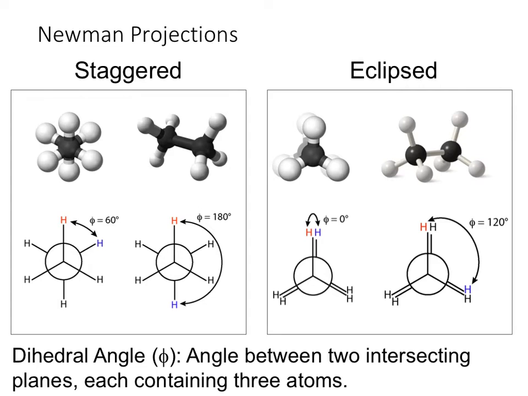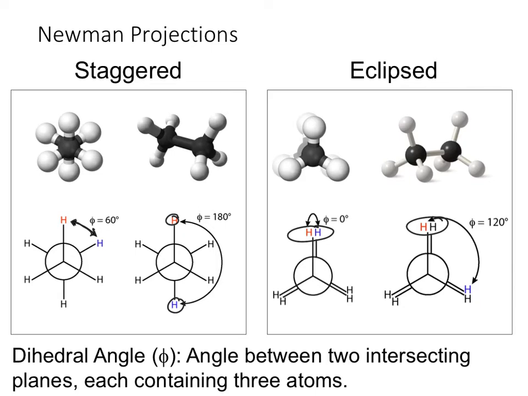So notice here the angle between these two hydrogens is 60 degrees, and between the hydrogen in red and blue here is 180 degrees. Now you could rotate the carbon-carbon bond and have the hydrogens exactly line up with each other. And that would be called the eclipsed conformation.